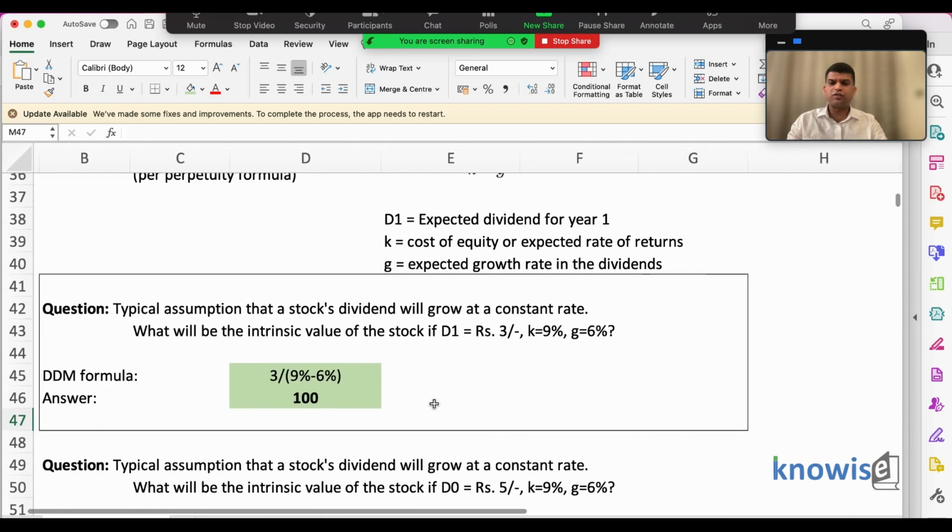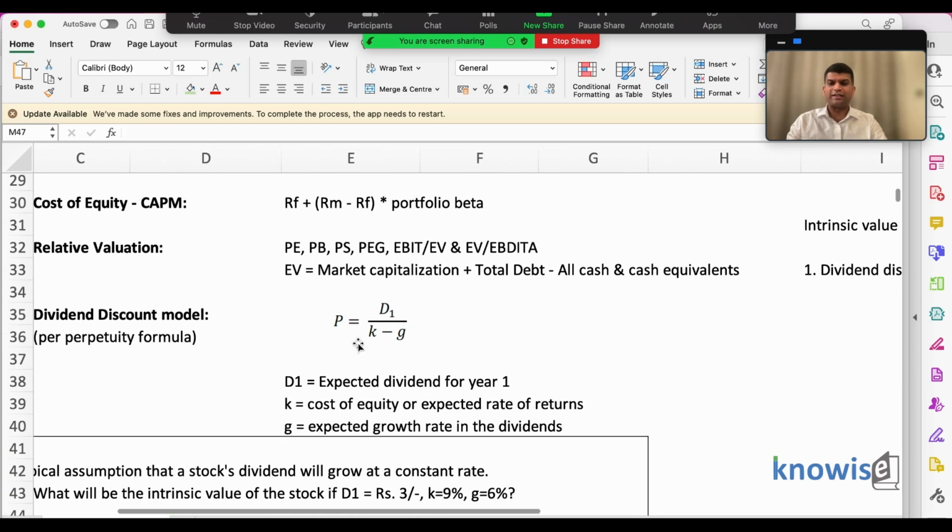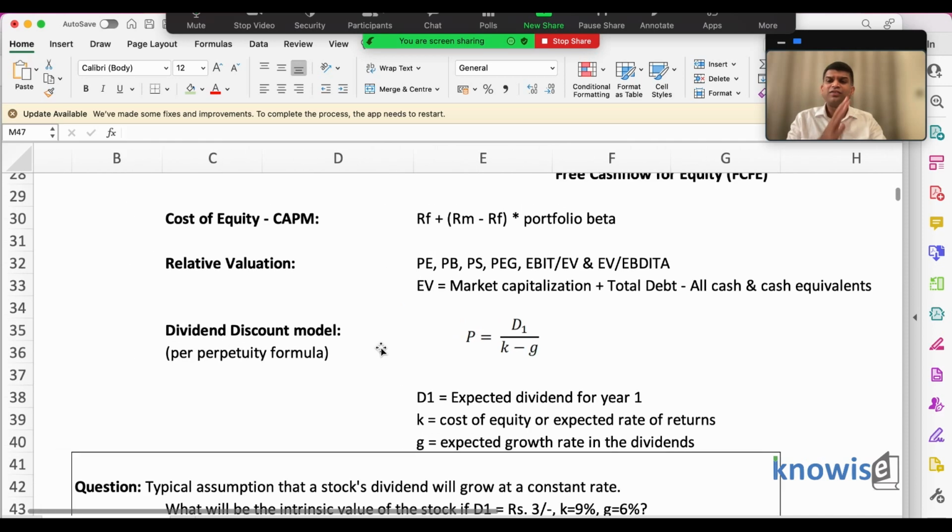If you see the formula given in the book, it would look like this: P, that is price, is equal to D1, the dividend for year 1, divided by K, the cost of equity, minus G, the expected growth rate. Very simple formula, a straight one-step answer; just replace the numbers given and you have the answer. There are no further variations discussed when it comes to the dividend discount model. So that is one concept in chapter number 3.